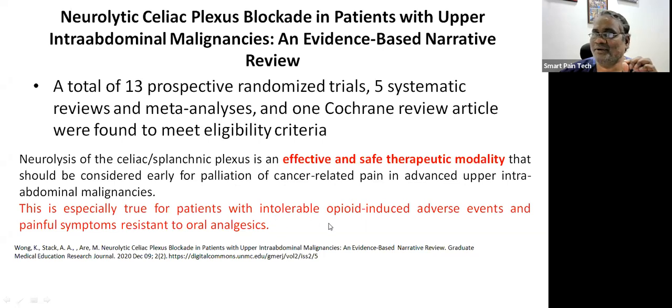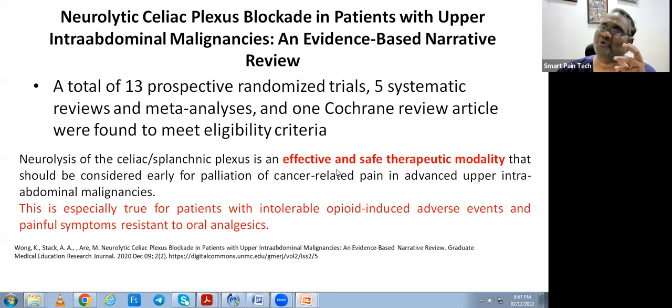What does that mean? This statement says that the patients are very well managed with opioids, but if there are intolerable opioid-induced adverse events and painful symptoms resistant to oral analgesics, we can consider this block, which is effective and safe. See, the papers, it just depends on how you interpret it. Everything in your life is based on your interpretation.